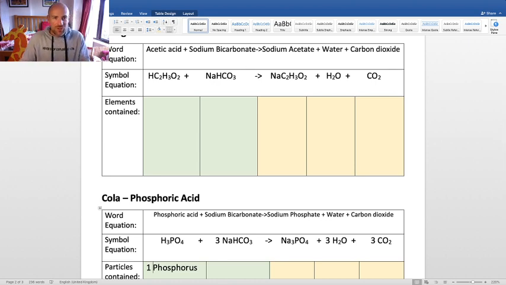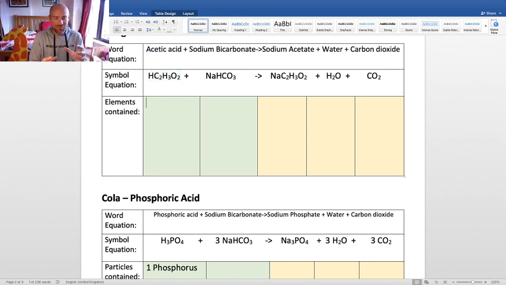And so what I want you to do, here is a molecule, if you're using vinegar, of acetic acid. This is a reactant, because these are the reactants and these are the products. Okay. So this symbol equation is telling us what atoms are bonded together in a molecule of acetic acid.